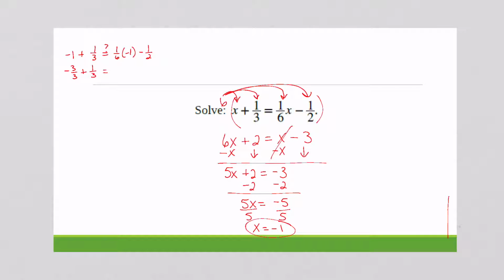And this I can write as negative 1/6 minus, I'm going to change that into something over 6. And I'm going to see if I get the same answer. So negative 3 plus 1 is negative 2/3. Negative 1 minus 3 is negative 4/6. But once I reduce this, yep, so I know that's the correct answer.